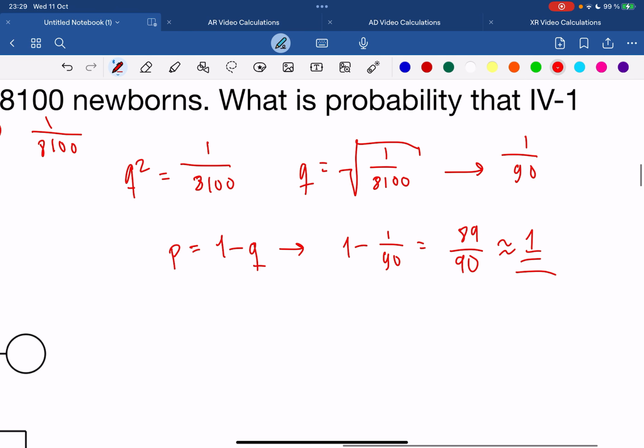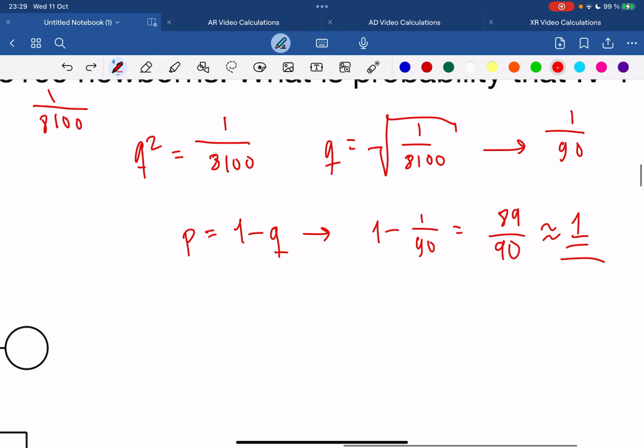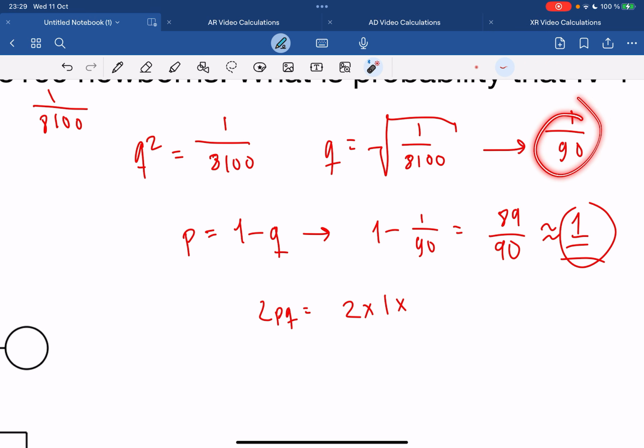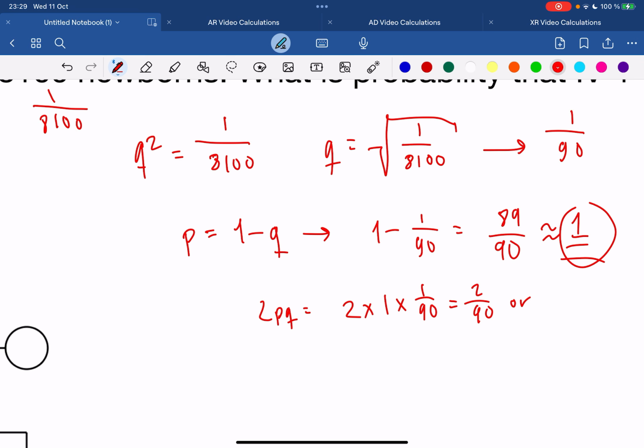So actually calculating for P isn't that necessary. So now we take 2PQ, and we take 2 times P, which is 1. Again, not that necessary to calculate. Times Q, which is 1 out of 90, which is equal to 2 out of 90, or 1 out of 45.